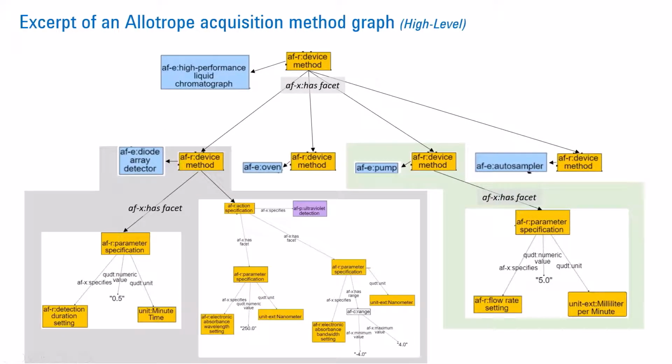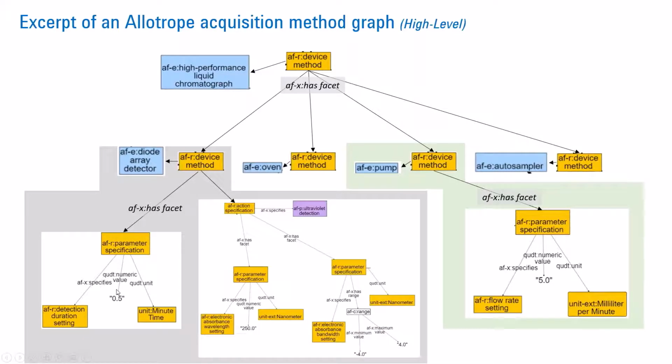An example for a graph. So that's an excerpt of an overall method graph. So that shows the HPLC method, which has then 4 parts of the overall method: for the autosampler, for the pump, for the oven, and for the diode array detector. I have reduced that to the runtime.